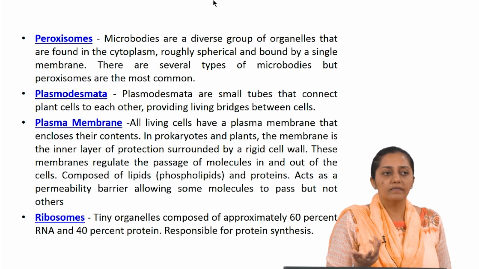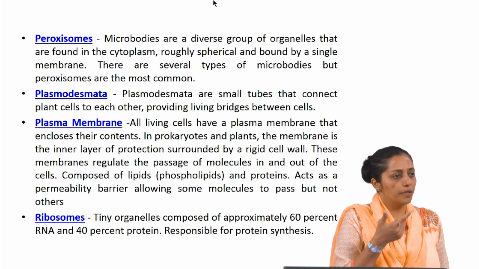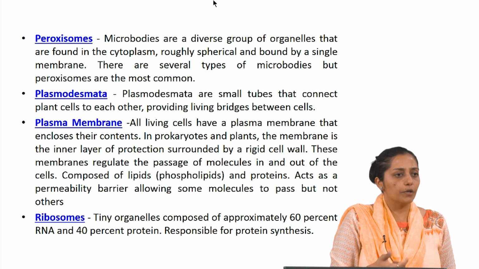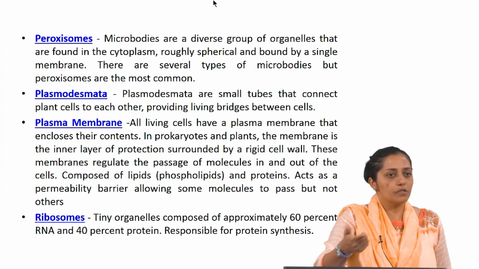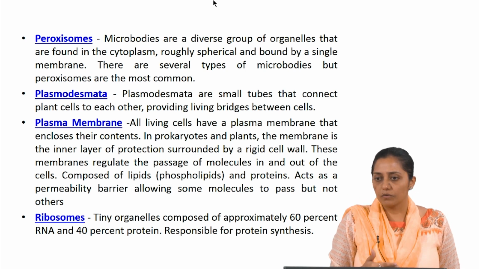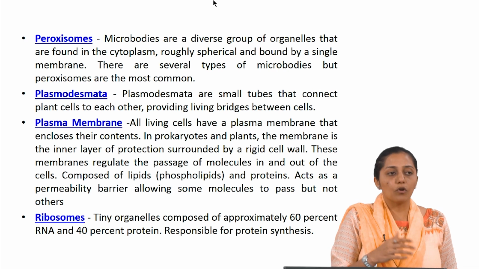Why is that needed? During metabolism, during plant growth or during survival, you may need to secrete out certain molecules, you may need to take up certain molecules. So plasma membranes help, and it also forms a barrier.